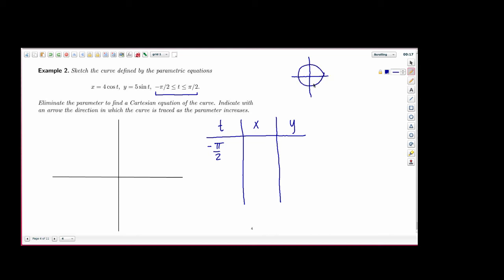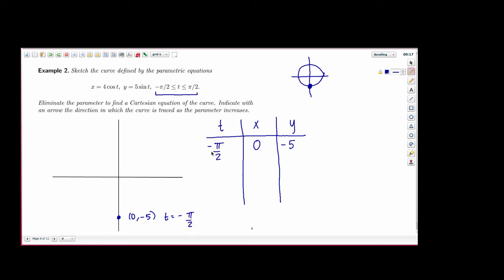Minus pi over 2 is down here at minus 90 degrees or 270 degrees or 3 pi over 2. Cosine is the x-coordinate, so we get 0. Y, sine of minus pi over 2 is minus 1, so y is going to be minus 5. So we start at the point (0, minus 5), corresponding to t is minus pi over 2.